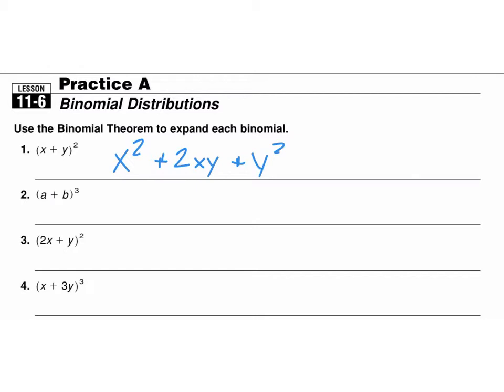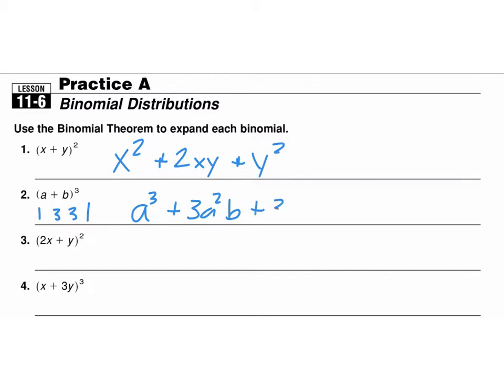For a plus b cubed, we need to go to the cubed row. And remember that in Pascal's triangle, that's a 1, a 3, a 3, and a 1. So when we're writing this out, the coefficient on the first term is a 1, and it's going to be a cubed with b to the 0. You don't need to write b to the 0 because the value is 1. The next one's going to be that 3 coefficient. A is going to be squared because we're counting down, and b is going to be b to the first power, which we usually write as just b because we're counting up.